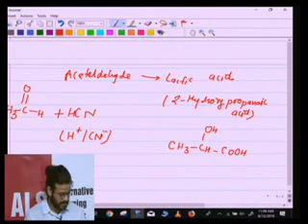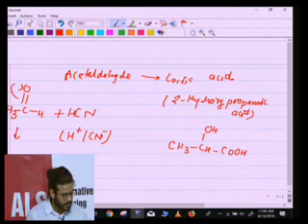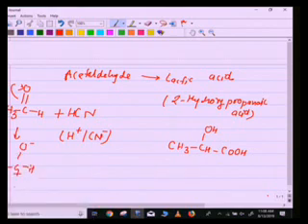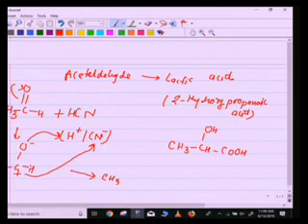The carbonyl group of this ethanal will be dissociated to form CH3C positive, O negative, H. Now it's just a basic rule: connect the opposite charges. So I'll combine this O negative to H plus and C plus to CN minus, and after this combination the product is CH3C, now OH is combined with H, and this CN is now combined with this.